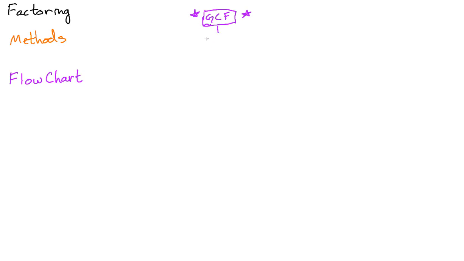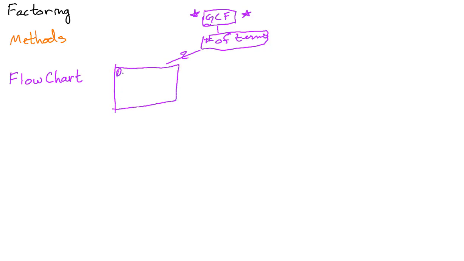Then you go down and you say, okay, how many terms? Number of terms. Because that really determines how you're going to factor the thing. If there are 2 terms, then you have only a few options.